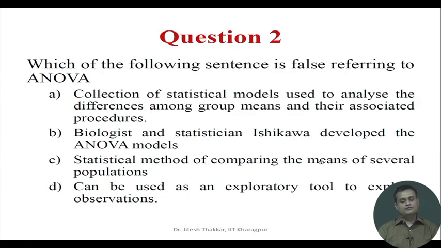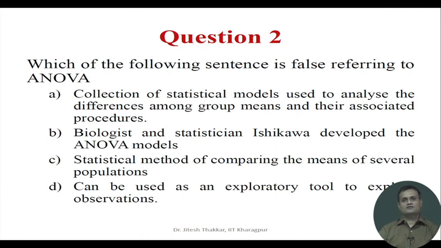Question 2, which of the following sentence is false referring to ANOVA? A, collection of statistical models used to analyze the differences among group mean and their associated procedures. B, biologists and statisticians Ishikawa developed the ANOVA models.